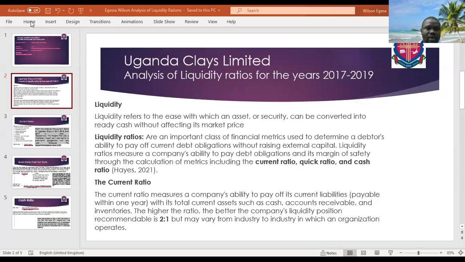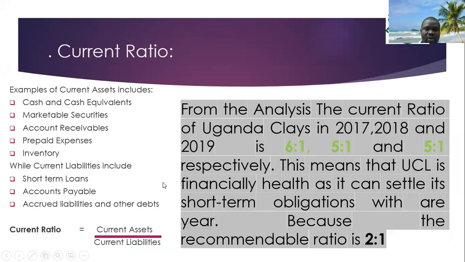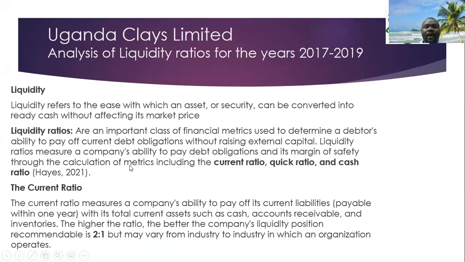Just to share with you the screen here. To start with, liquidity means or refers to the ease with which an asset or security can be converted into ready cash without affecting its market price.